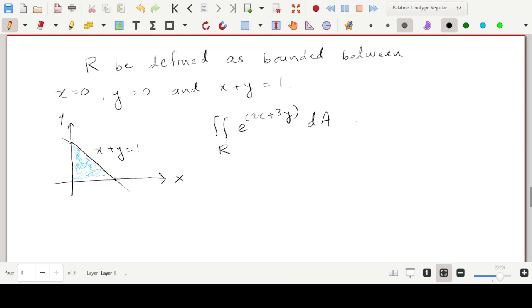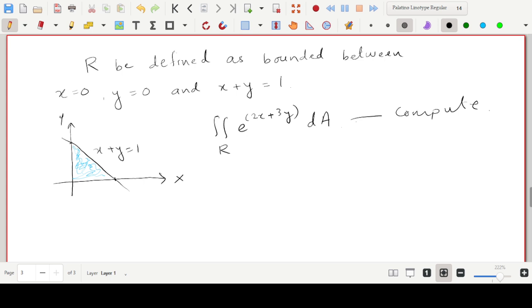We shall use the same technique, but now the region of integration is not rectangular, and therefore where will the difference show up? It will be in the limits of integration. We want to compute this.